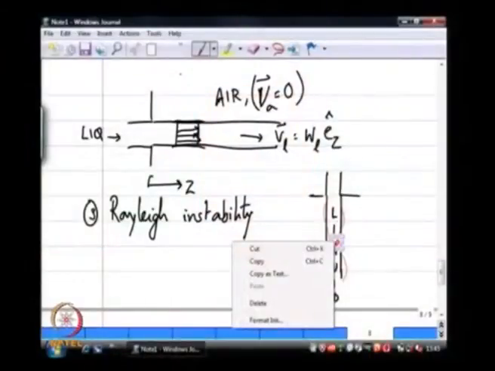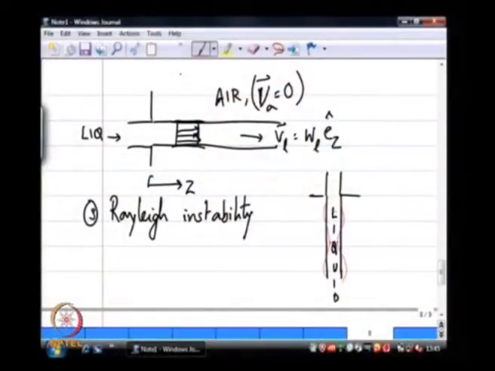Because of that, the pressure here would be higher than the pressure here. Assume for a moment, initially the pressure everywhere was 0 inside the liquid and slightly negative outside, just to make sure the forces balance out. We will see this mathematically in just a moment. I just want to sort of introduce you to the physics of how these different kinds of instability work.